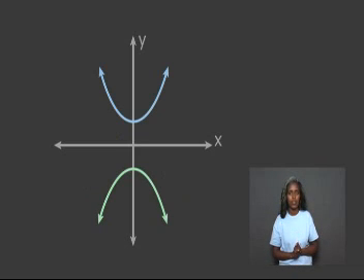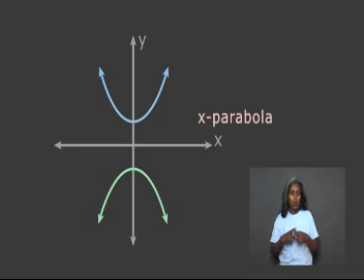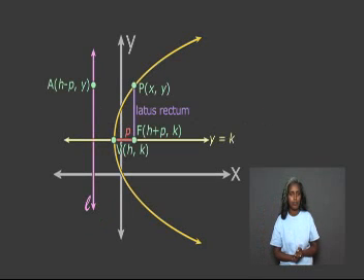To begin, we will learn the equation for a parabola whose axis is parallel to the x-axis. Such a parabola is called an x-parabola. Let P at (x, y) be a point on a parabola. By definition, we know that the distance PF equals the distance PA.